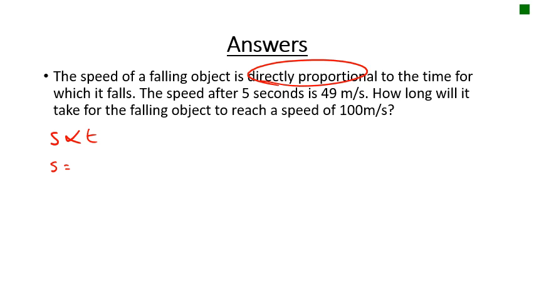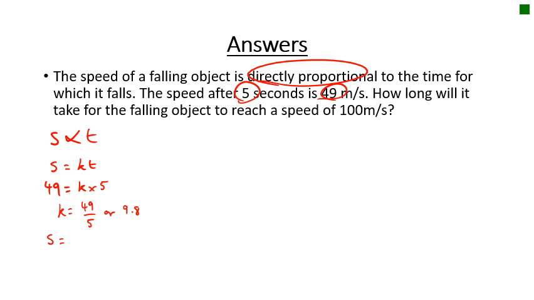So S equals kT. Now it says the speed is 49, so I can put that in. 49 equals k lots of 5, because the time is 5 seconds. So therefore k must equal 49 over 5, or 9.8. Now if I want to find out how long it will take, so the time for 100 meters per second, I can just use my formula again, with k substituted in.